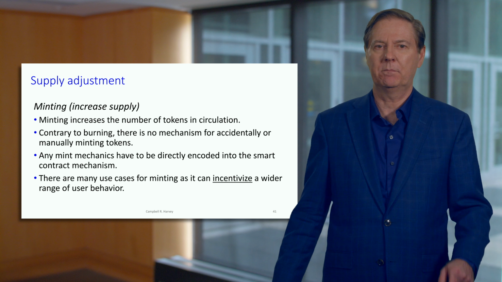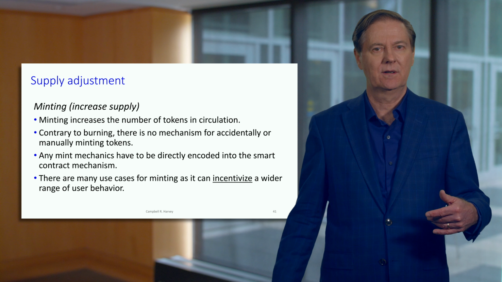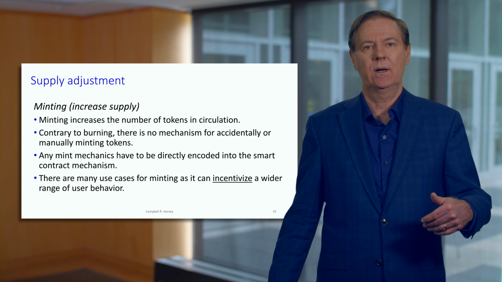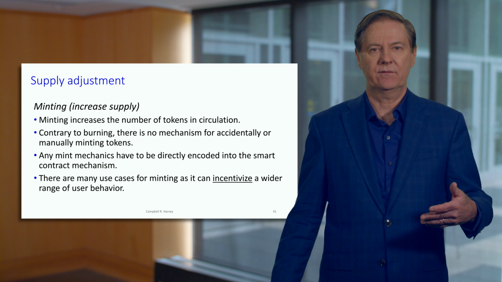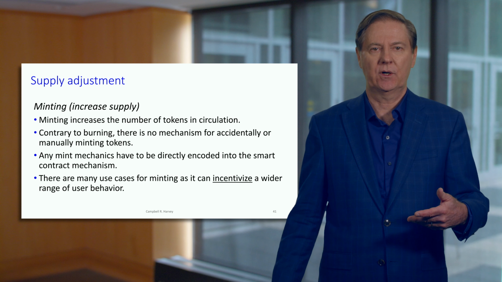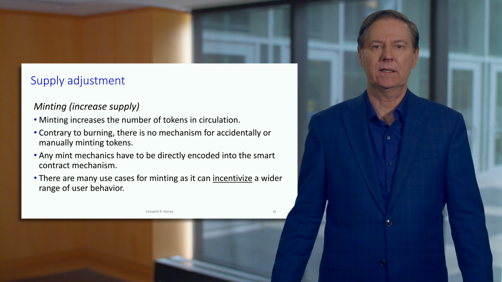This is also very important. Even though the supply might not be fixed, like Bitcoin, it's very transparent from the contract what the actual rules are in terms of the inflation. These rules can be directly encoded into the smart contract.